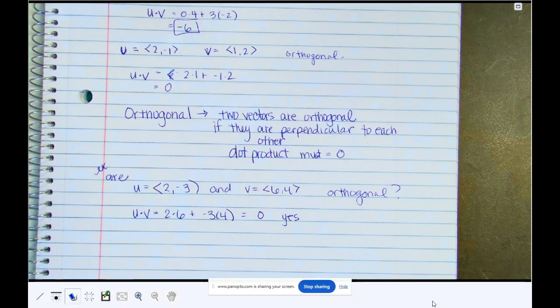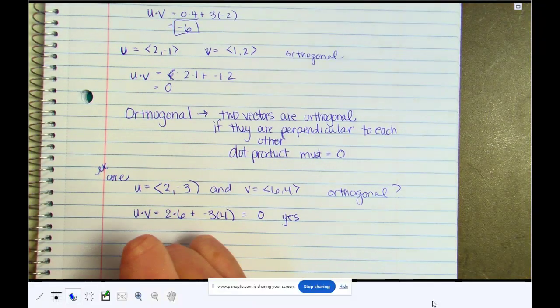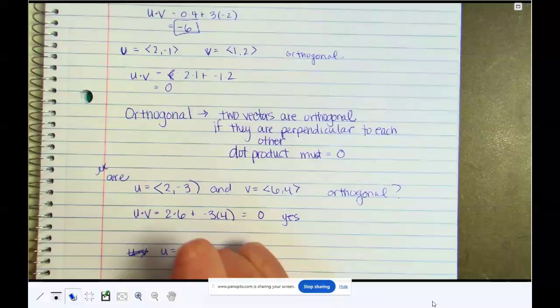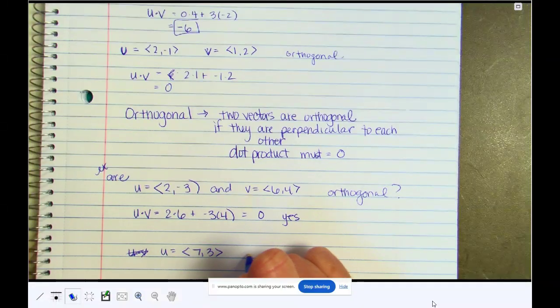Okay. How about U equals 7, 3, and V is equal to 2, -5?